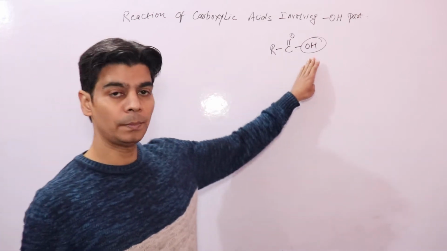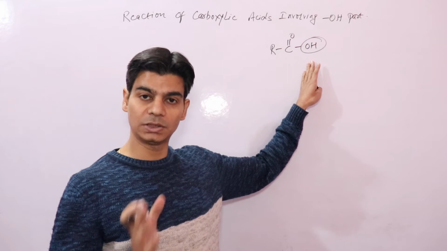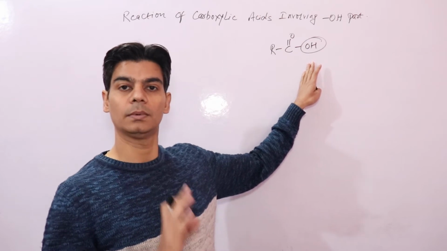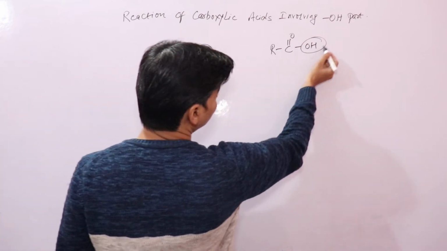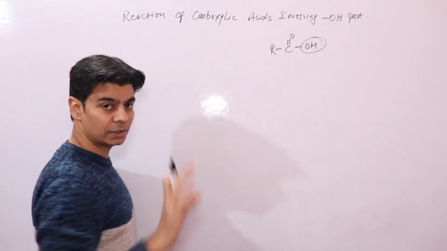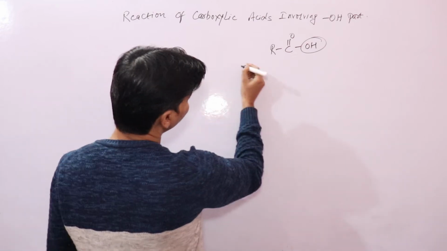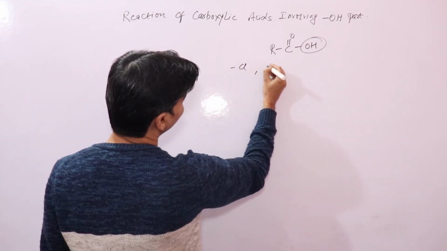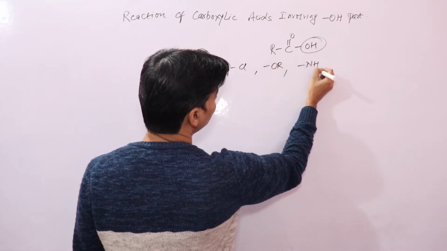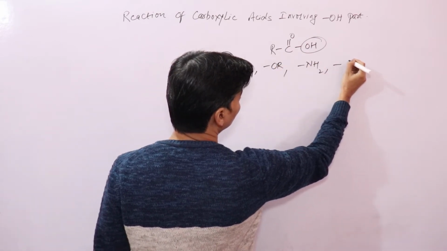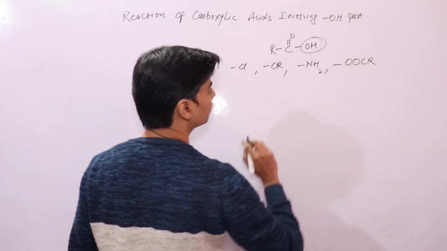And this OH group would be replaced by different groups like Cl group, NH2 group, OR group, or RCOO group, right? So this OH hydroxyl part of carboxylic acid would be replaced by your Cl or your OR, NH2, then your OOCR group, right?